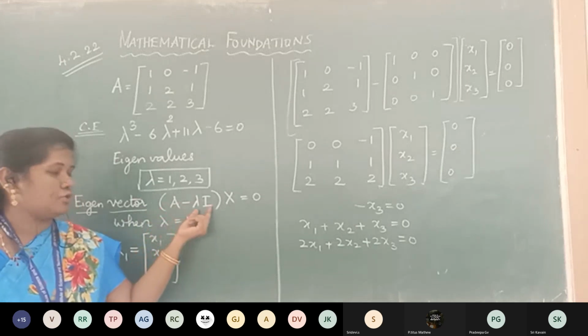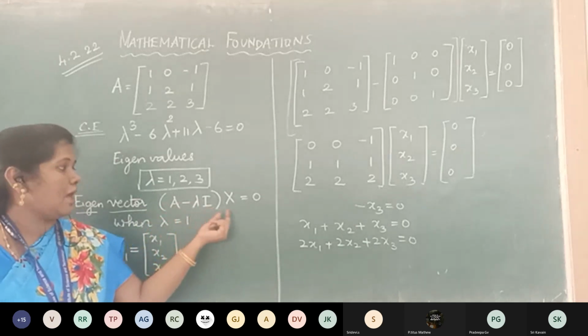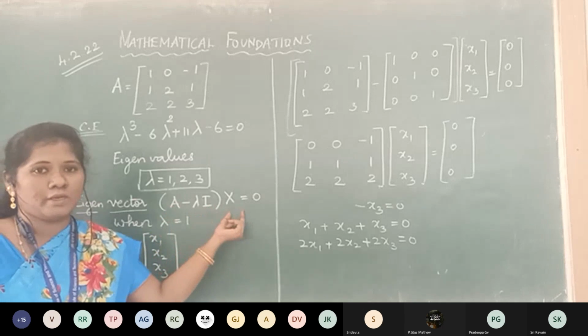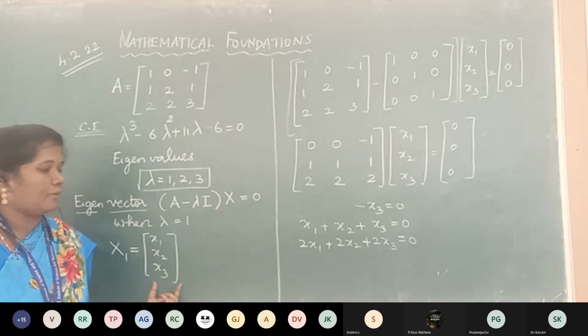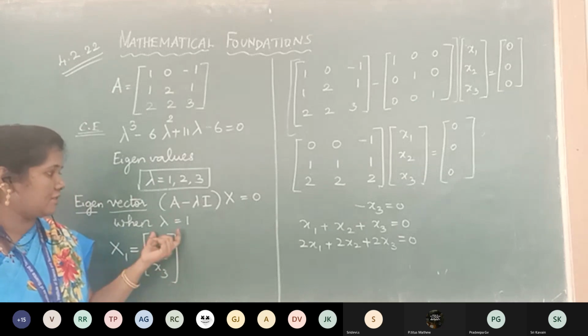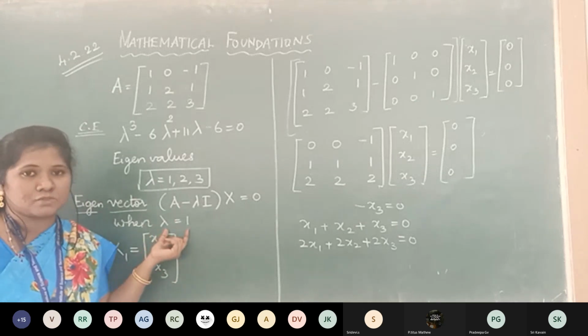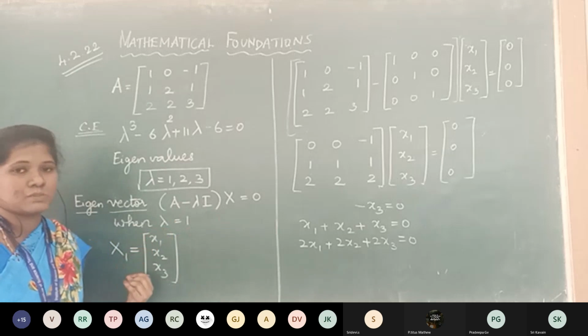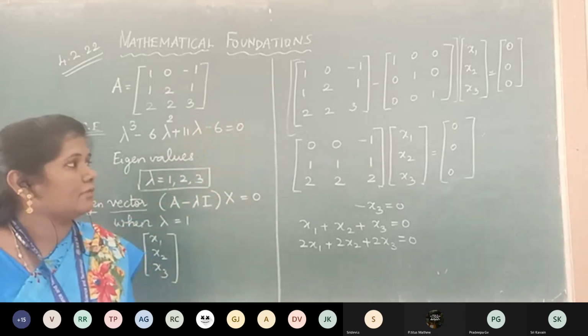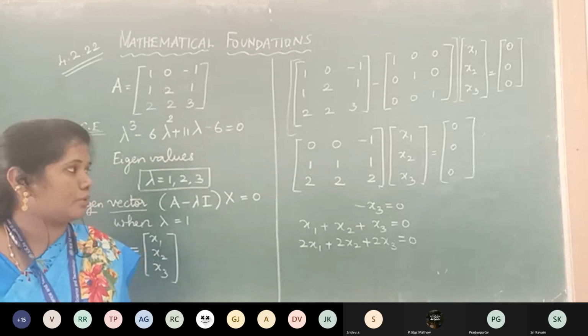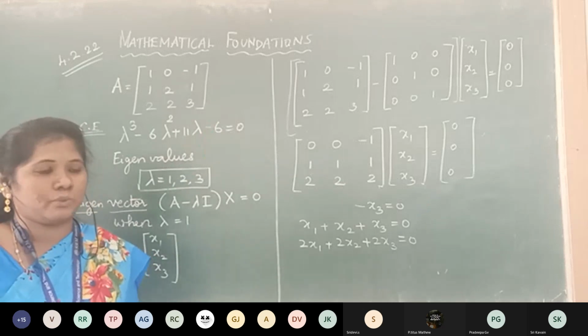So the given matrix minus lambda into the identity matrix, the whole term into your x. Your x we take as x1, x2, and x3. Since we have taken lambda equal to 1 as the first one, we represent it as x1. So we have subtracted it, multiplied it with your x1, x2, x3 and equated to 0.